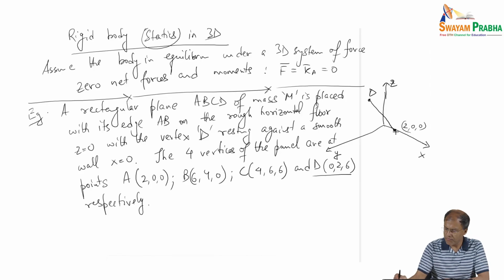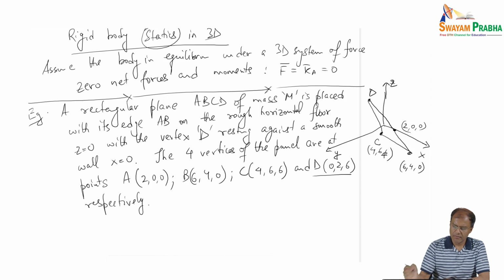And then we have B, which is given by (6, 4, 0).